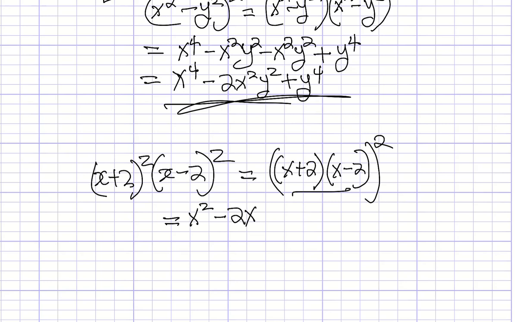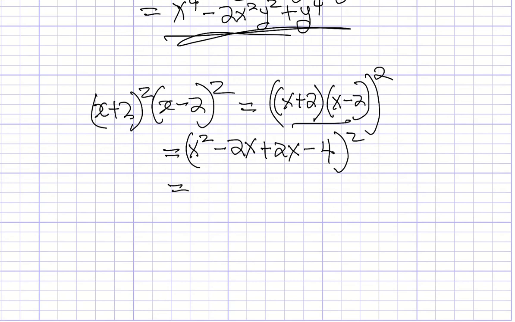And then we'll start with 2. 2 times x is plus 2x. 2 times minus 2 is minus 4. All that thing raised to the power 2. See that, right?